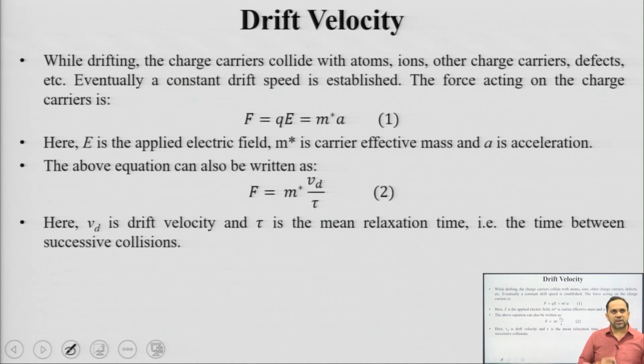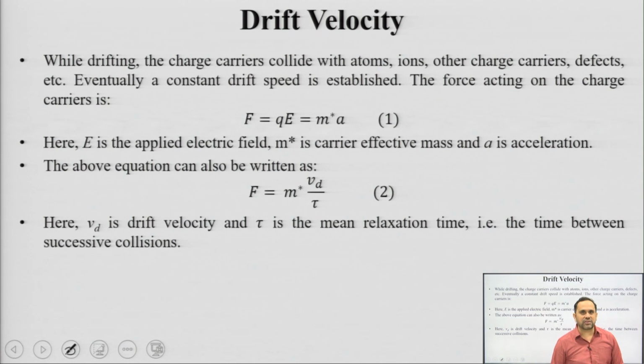What force is acting on the charge carrier? This is the force which I have applied via the electric field. The applied electric field is providing a force to the charge carriers, to the electrons. This force is equal to Q times E, okay, because we know that electric field by definition is force applied per unit charge.